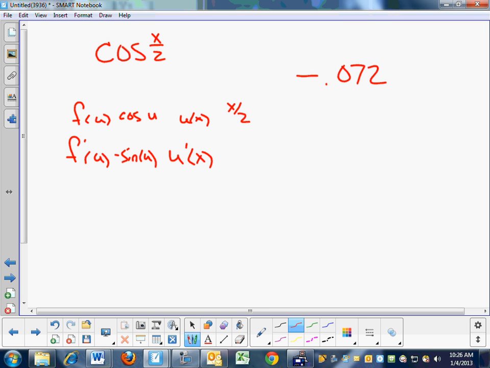What is u prime of x? 1/2. Multiply them and substitute back in. We have negative 1/2 sine of x over 2. Very good. So our derivative is negative 1 over 2 sine of x over 2.